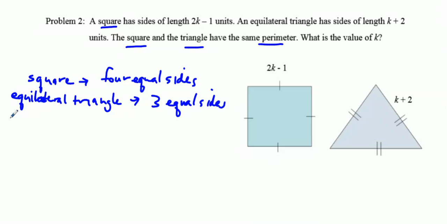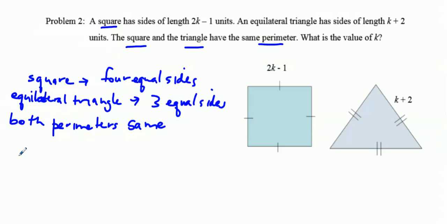We know that both perimeters are the same. What else do we know? Yeah, that's about it, right? And so, how are we going to find k?